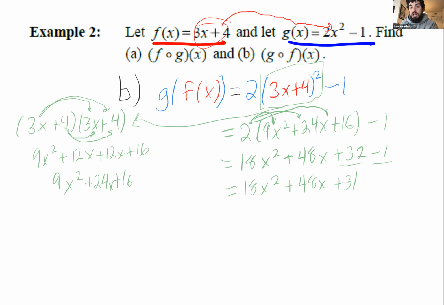So the idea we're talking about is new, but the skills needed for it are just old skills, being applied in a new fashion. So remember, if the f comes first, that ends up being your outside function, and then g's your inside. If g comes first, like in this example, g is your outside function, f goes into the inside.